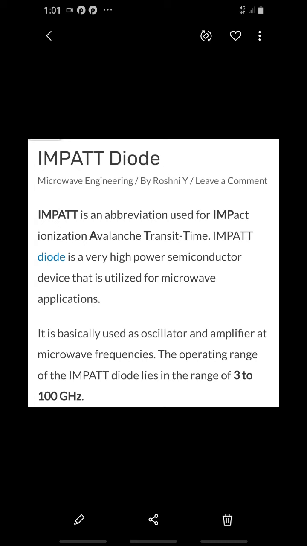IMPATT diode is a very high power semiconductor device that is utilized for microwave applications. It is basically used as oscillator and amplifier at microwave frequencies. The operating range of the IMPATT diode lies in the range of 3 to 100 gigahertz.